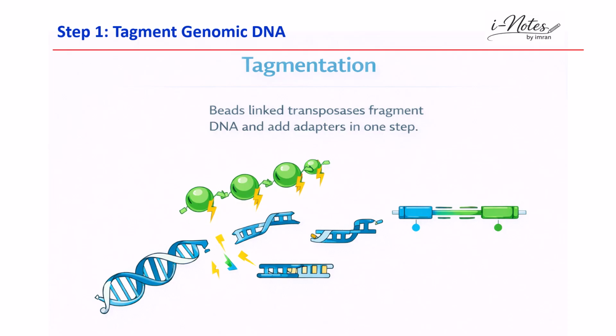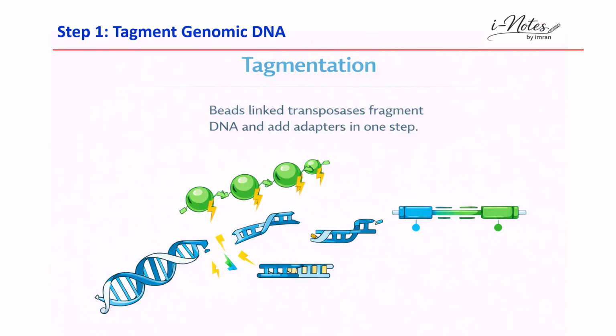Tagmentation is basically done at the advised temperatures in the commercially available reagent kits. Mostly it is done at 55 degrees centigrade for 15 minutes, or maybe at 37 degrees, depending on the protocol which you are using.